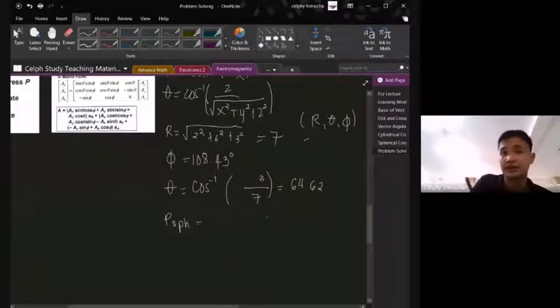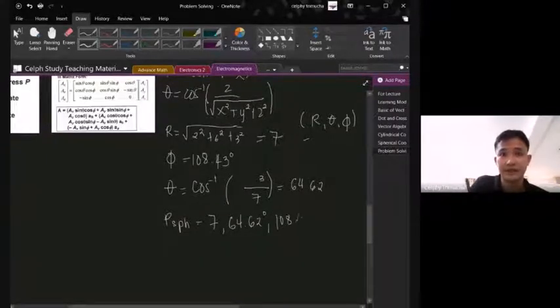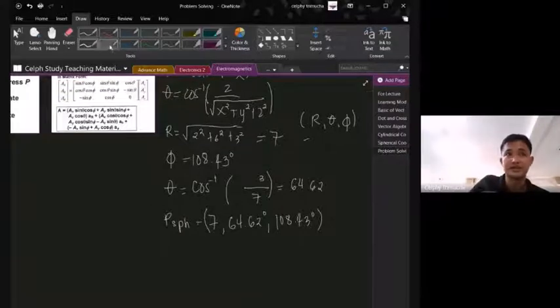So, ang aton nga coordinates will be 7, 64.62 degrees kag 108.43 degrees. So, enclose lang sa parentheses kay coordinate siya. So, ang muna niya ito isa sa mga answer.